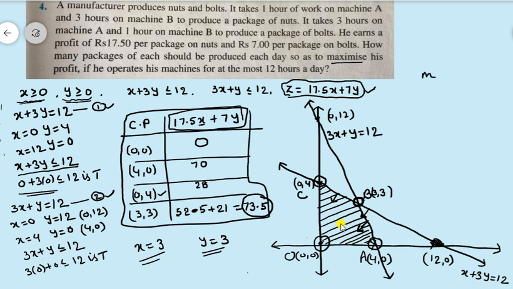So if the manufacturer produces 3 packets of nuts, 3 packets of bolts per day to get the maximum profit, the maximum profit is 73.5 rupees, right? When x is equal to 3 and y is equal to 3, the manufacturer will get a maximum profit of 73.5 rupees per day.